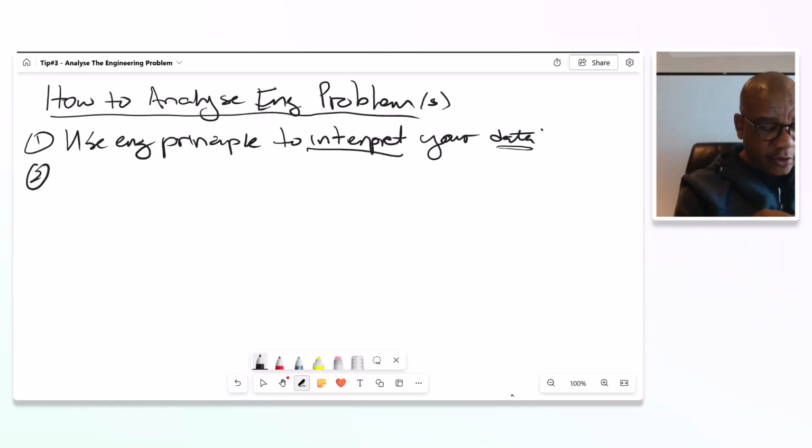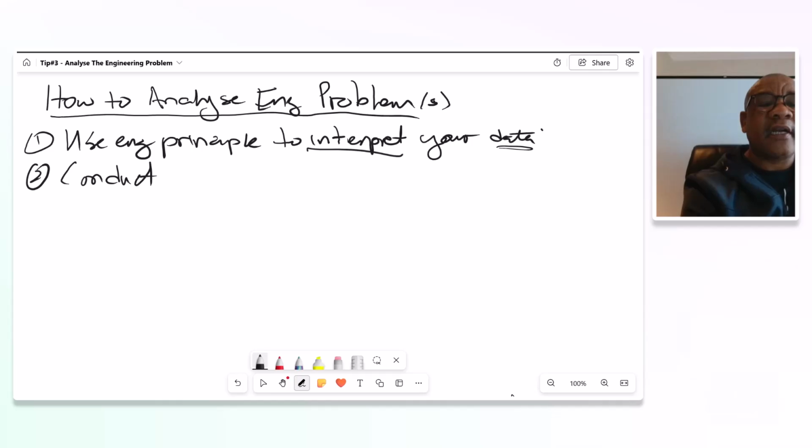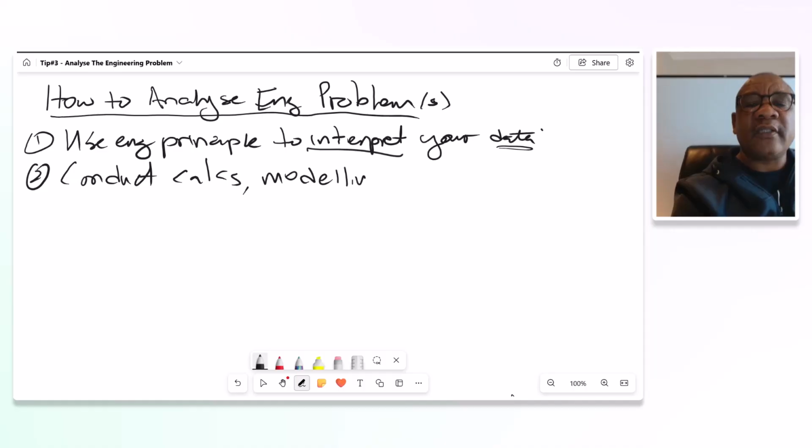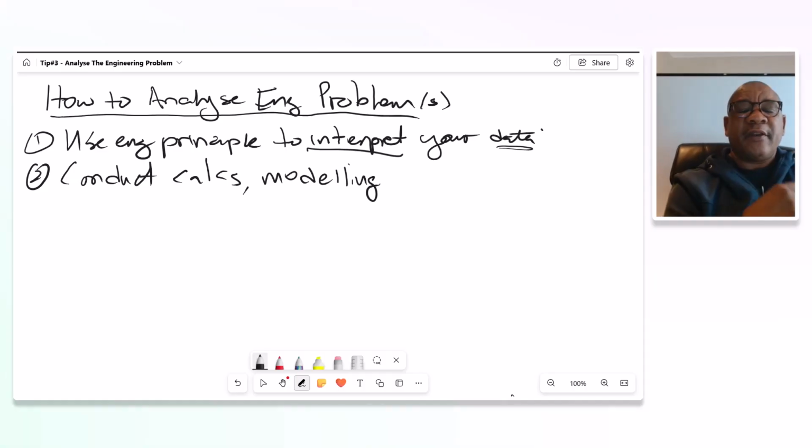The second thing that you need to do is to conduct calculations. If your problem involves some calculations, or you are using models. Some of the problems that we are trying to solve may not need calculation. So maybe you have done some modeling to indicate how the problem has been identified, investigated, and interpreted.